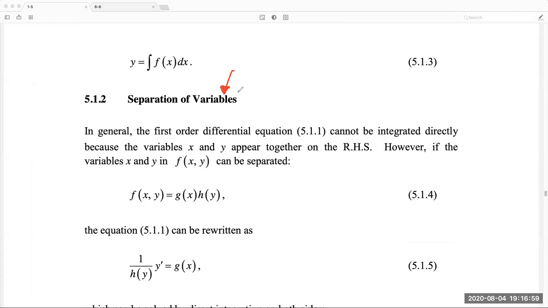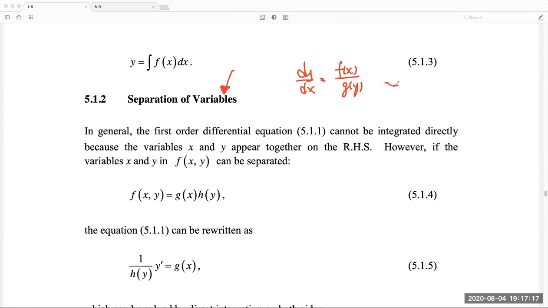Separable variables. The ordinary differential equation in this form, f(x) divided by g(y) or times g(y), it doesn't matter.